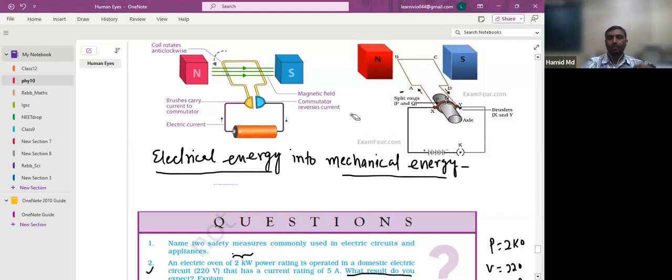If you have to ask about the electric motor, it has been removed from NCERT books. Now it is not part of NCERT in the current syllabus. But I thought at least one utilization of Fleming's left-hand rule must be taught in the class. Clear?